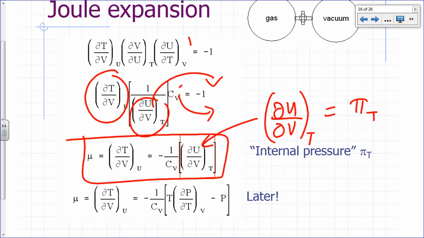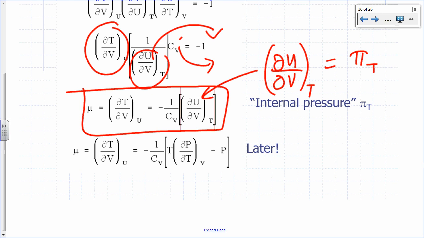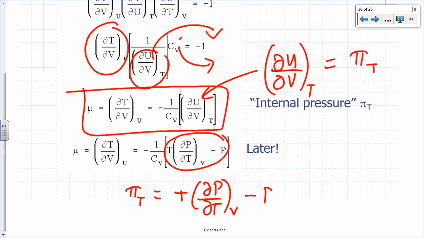Now, sometime later, once we get to the second law, when we combine the first and second law, we're going to be able to derive what's called the thermodynamic equation of state. Using all these identities that relate the partial derivatives, we will be able to show that this internal pressure, pi sub T, is equal to T times the partial derivative of P with respect to T at constant volume, minus pressure.